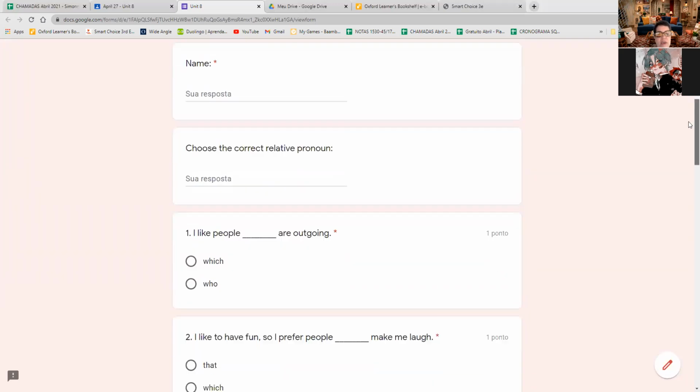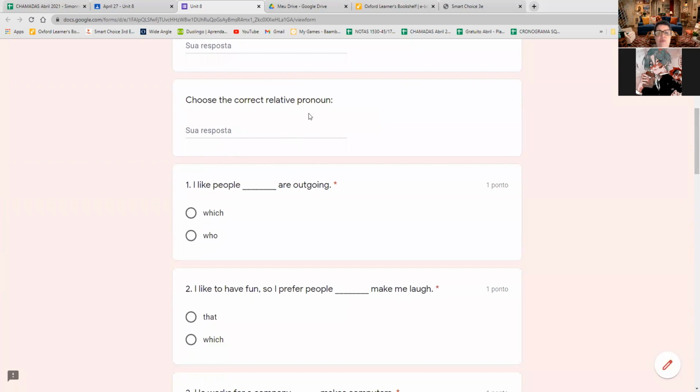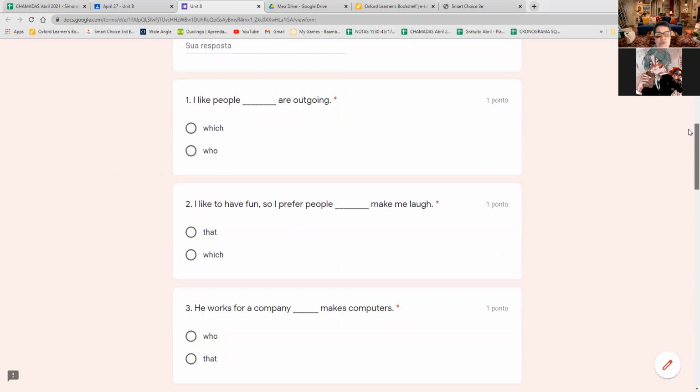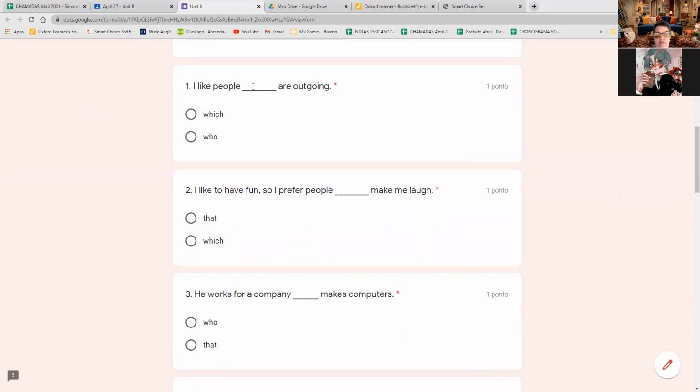Okay, now here you have choose the correct relative pronoun. So here we have the first one, number one. Okay, can you see that?